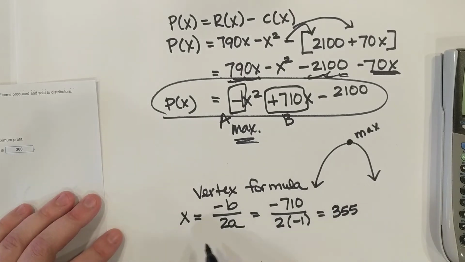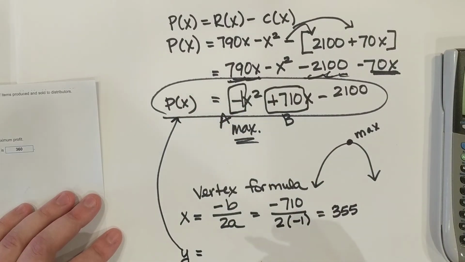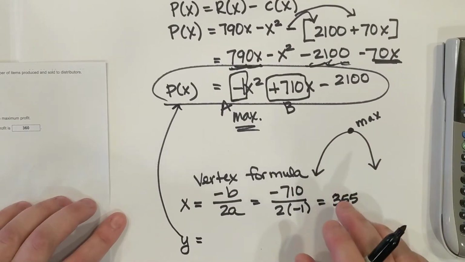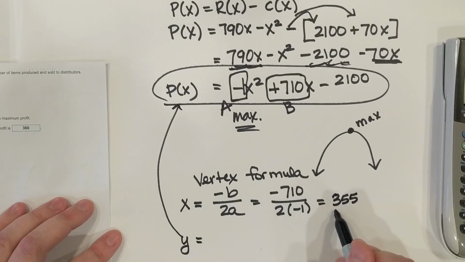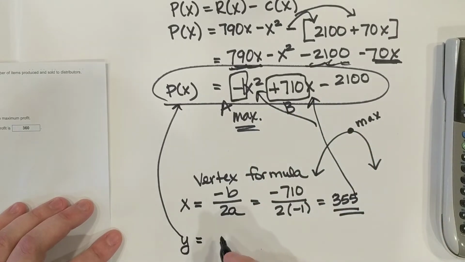All right, now going on to find y, which would actually be the profit because y corresponds again to P of x. All right, so to get y, we just take this 355 when we plug it into the function in terms of x.